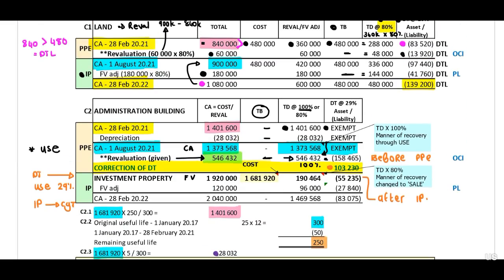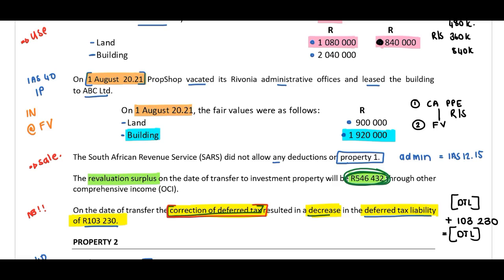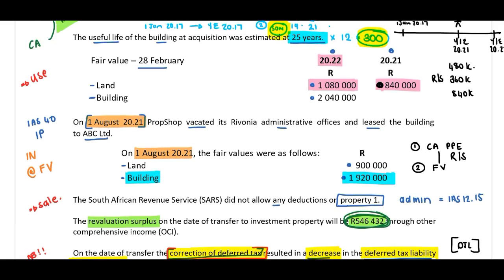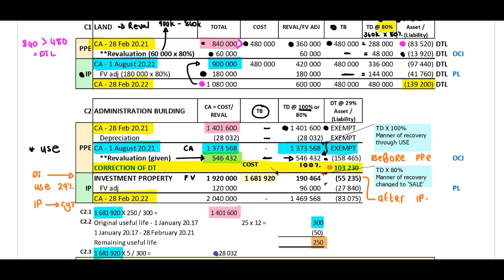Okay. Now, again, if you look at a timeline, at year end, 28 February 20.22, investment property should be included at fair value. Therefore, at year end 2022, if you look at the information provided, 2040000. Therefore, we will have a fair value adjustment from 1920000 to 2040000.